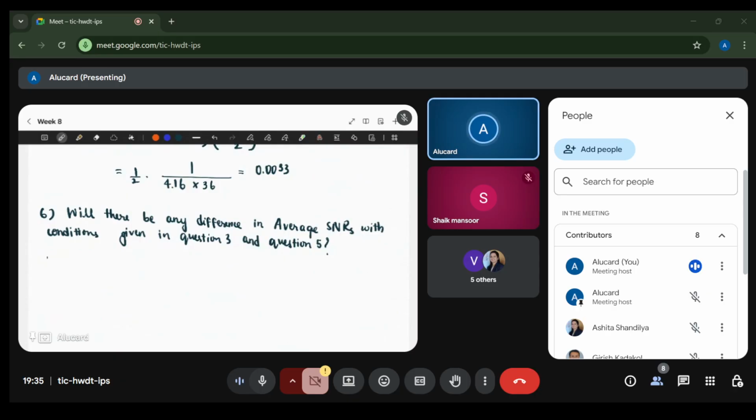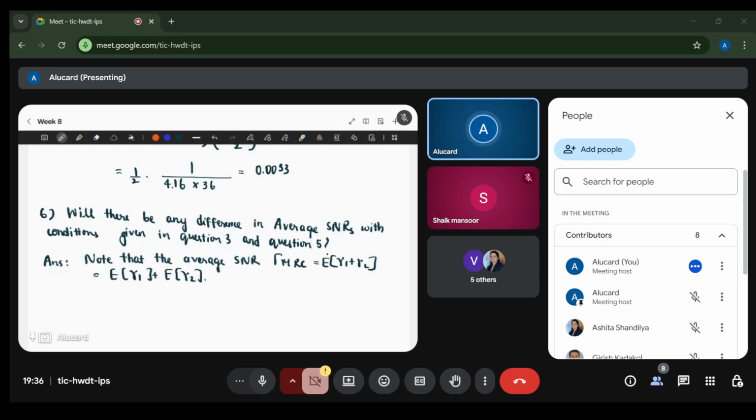I can't directly tell you the answer, but I can give you a hint. Note that the average SNR, capital gamma, after doing MRC, is E of gamma 1 plus gamma 2, which is E of gamma 1 plus E of gamma 2. It depends on the average SNR of the antennas.